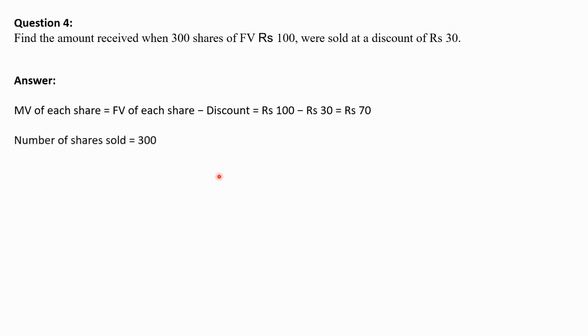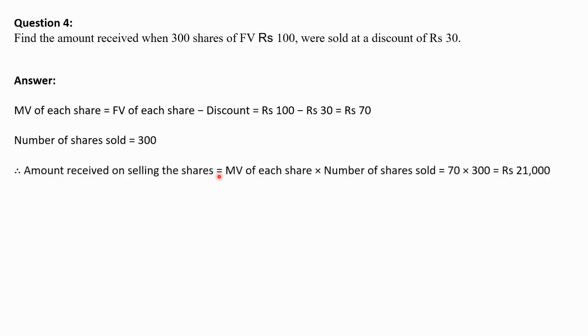The number of shares sold will be 300 as mentioned in the question. So the amount received on selling the shares will be market value of each share into number of shares sold. That will be 70 into 300, which is rupees 21,000.